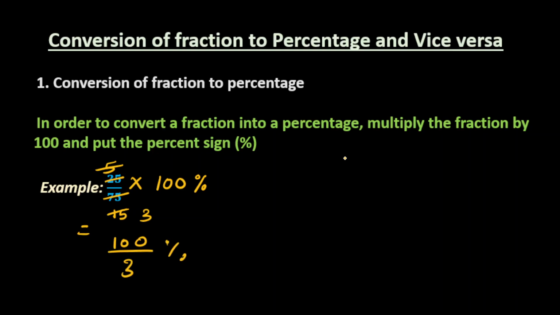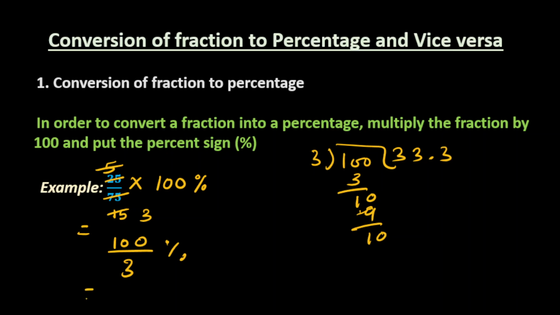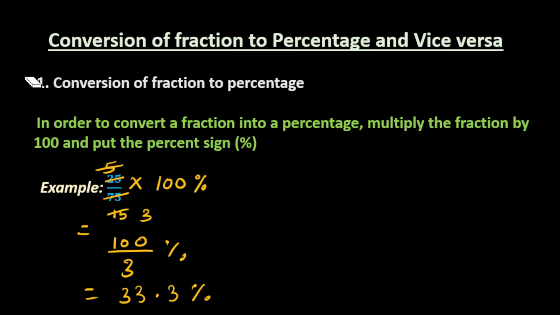You can divide 100 by 3 and see what you get. 3, again 3, so you can put a decimal here and 0. So this is approximately 33.3%.